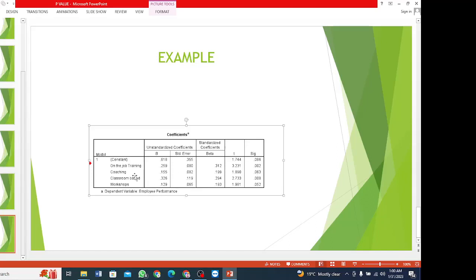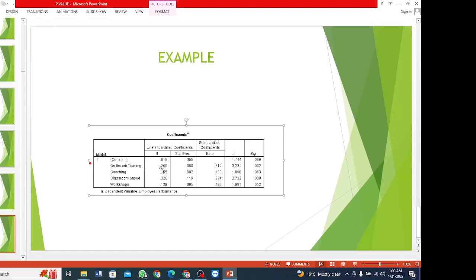However, when you go to coaching, we find that the p-value for coaching is 0.063, and 0.063 is greater than 0.05. Therefore, we'll say that coaching does not have a statistically significant relationship, or coaching has a statistically insignificant relationship with employee performance.